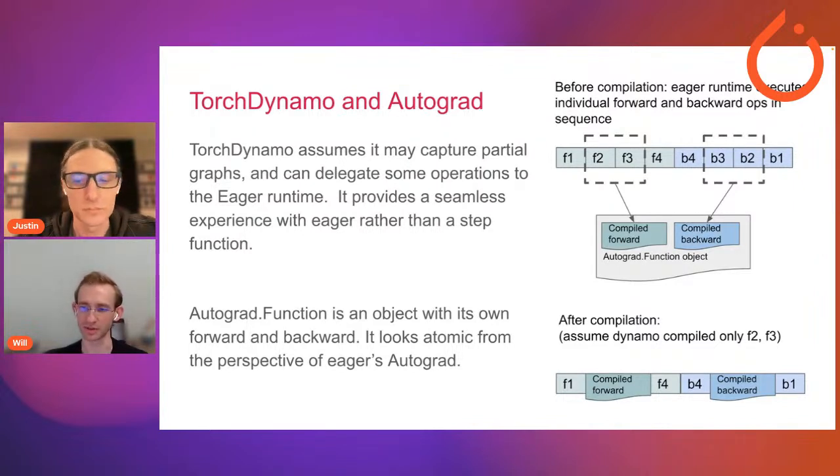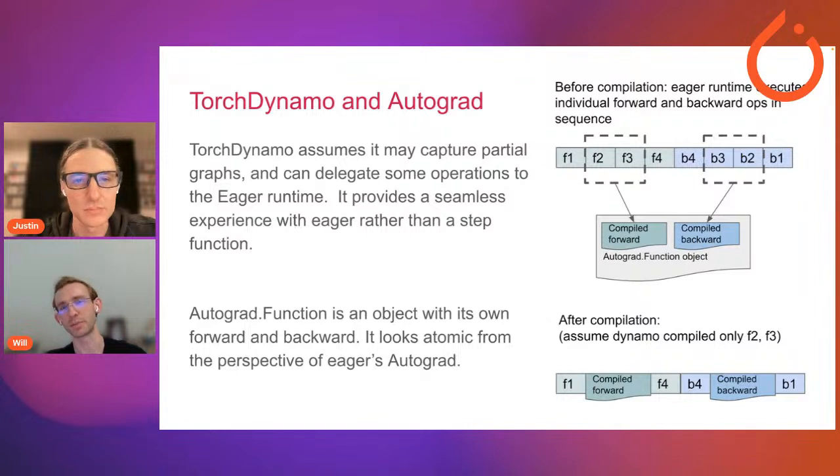We wanted it to be seamless and integrate very nicely with eager PyTorch. And eager PyTorch, by the way, means the old world of PyTorch where you call one operation after another in Python. There's no compiler, and it's flexible, it's dynamic.